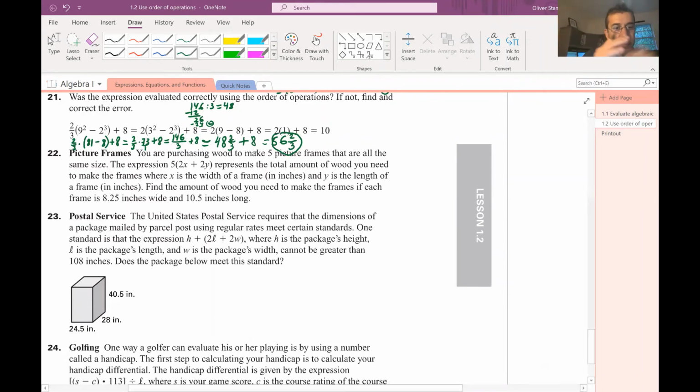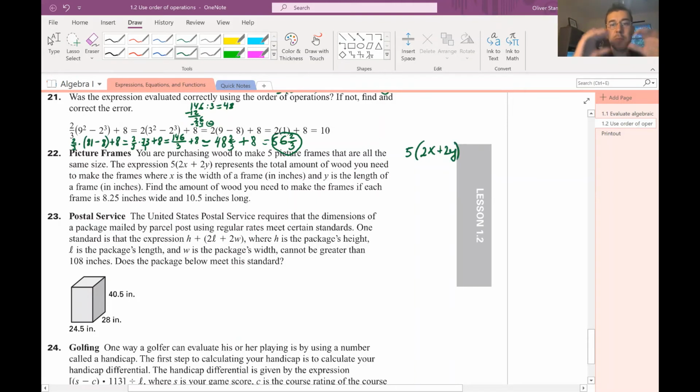22, picture frames. You're purchasing wood to make 5 picture frames that are all the same size. The expression is given to us. It's 5 times (2x plus 2y).